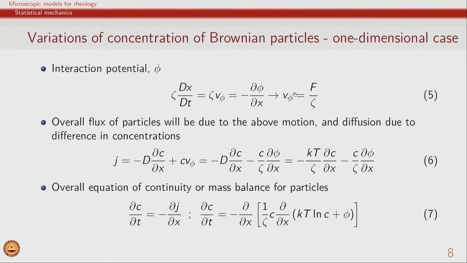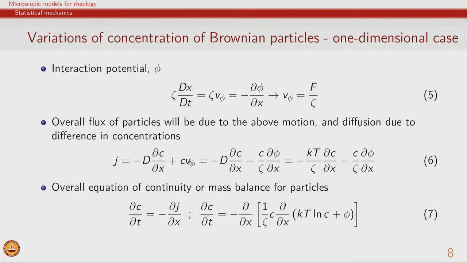Now, the overall flux is due to the external field or the interactions, and also due to diffusion, because if the concentration is different, then there will be a diffusion flux based on the diffusivity. So, the overall flux of particles will be the diffusion flux plus the flux which is set up due to the forces of interaction.